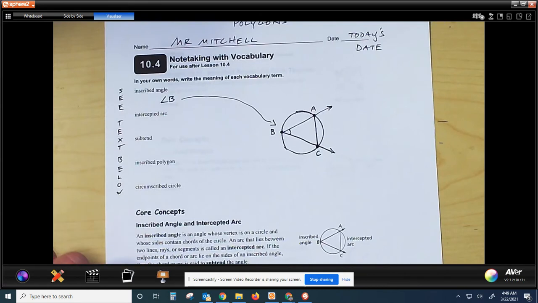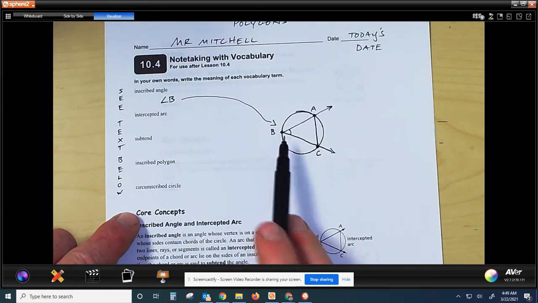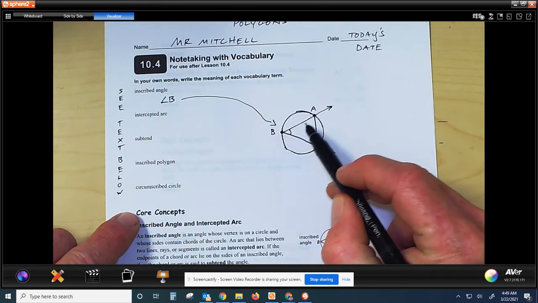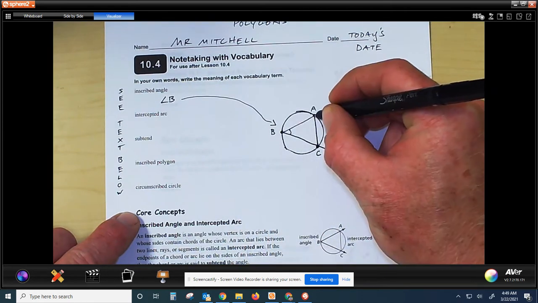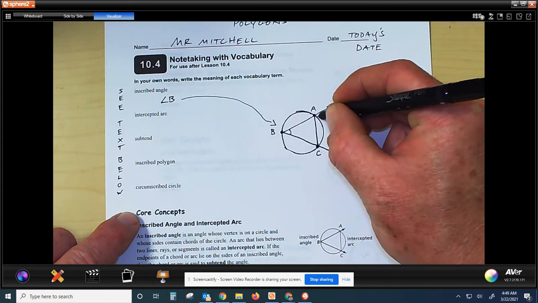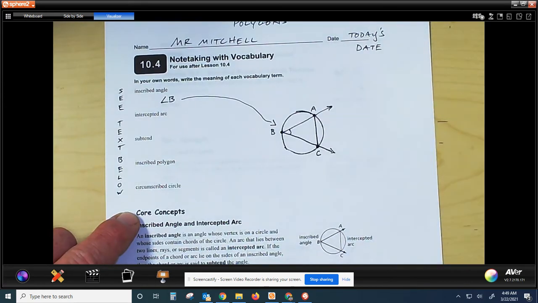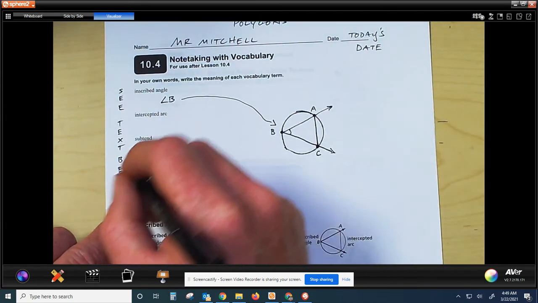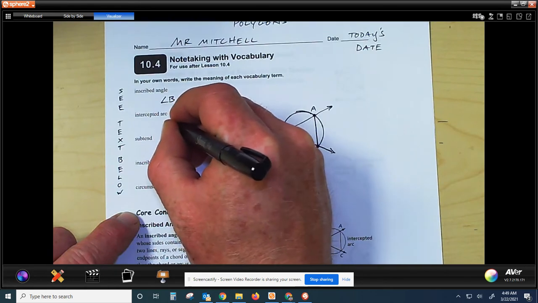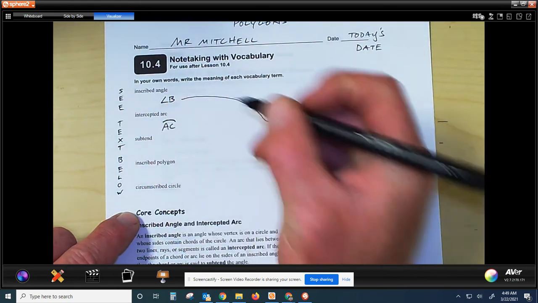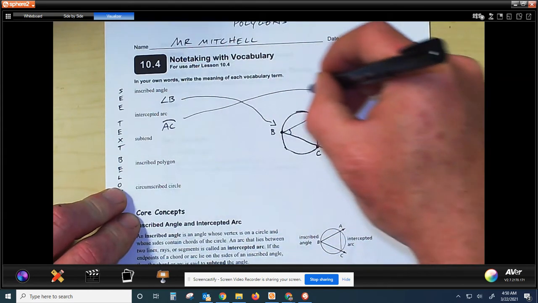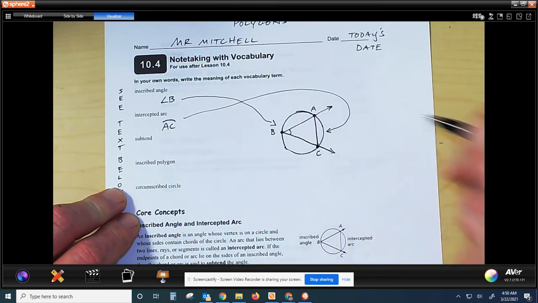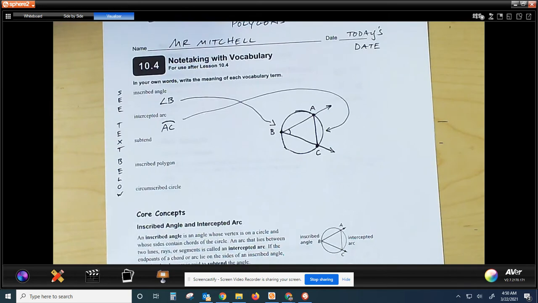Okay, the intercepted arc for angle B, well, angle B opens up, it shoots a ray up this way and one down this way. And if I was going to name the arc in the middle, I would name the points that contain it. So this is arc AC, the intercepted arc. And so let's draw ourselves an arrow that points at it. Different way of doing things, right? Helpful, I hope.